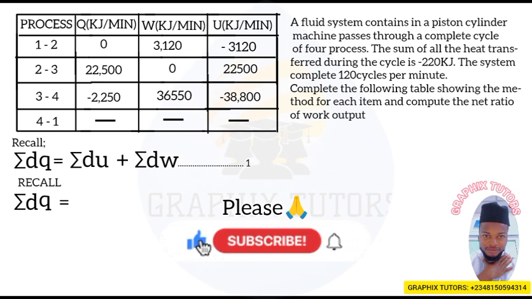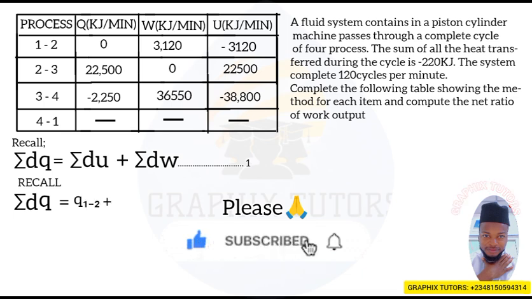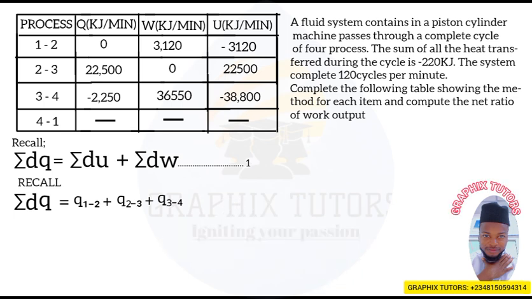Now, recall, we know that the summation of the heat input in the system is equal to the heat from state 1 to 2 plus the heat from state 2 to 3 plus the heat from state 3 to 4 plus the heat from state 4 to 1. That is the heat from process 1 to 2, process 2 to 3, process 3 to 4, and process 4 to 1. That is what the summation means, addition.